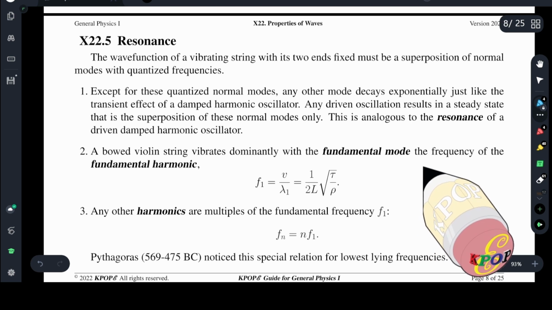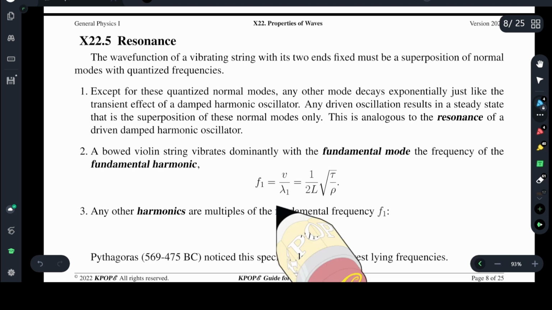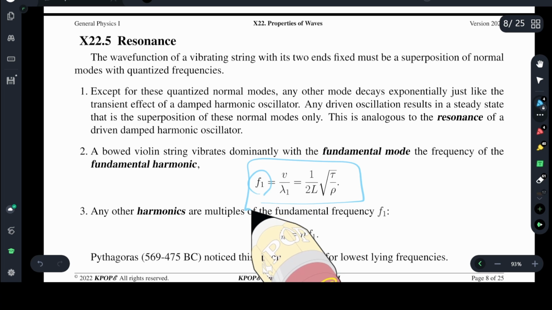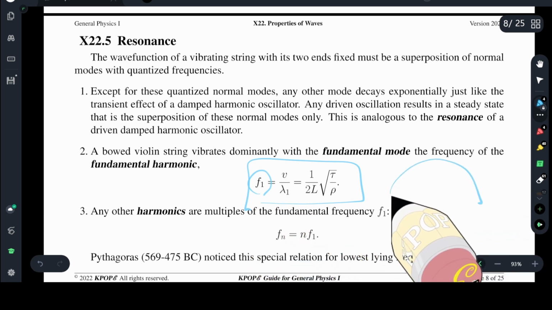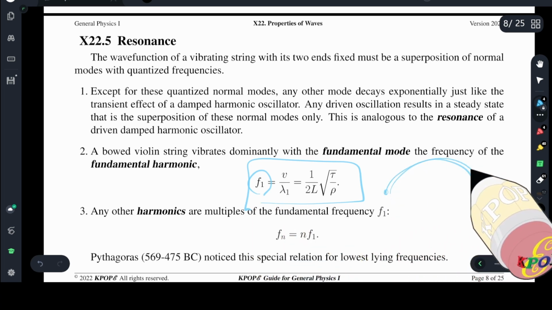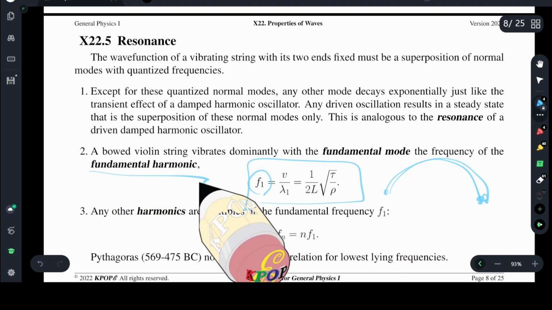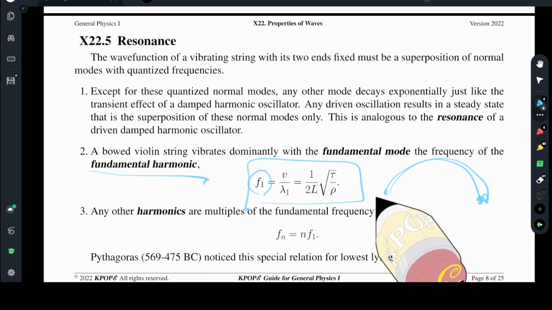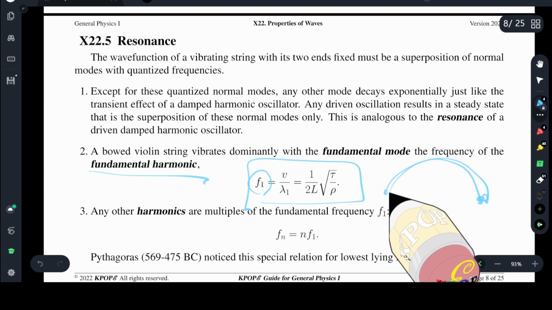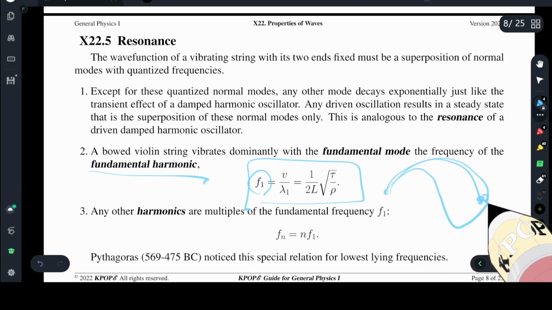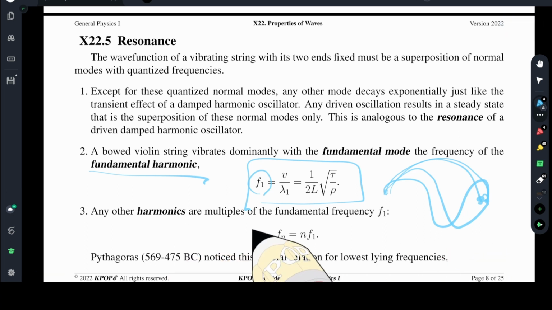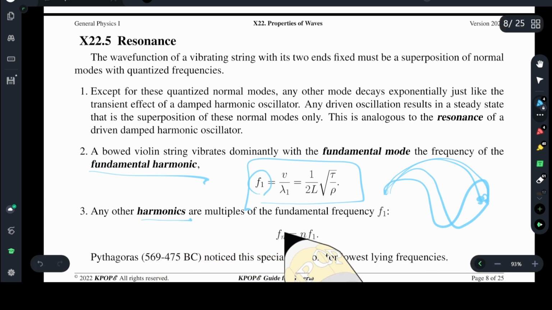For lower lying frequencies, they are multiples of the fundamental frequency, called the fundamental harmonic. Excited states are n equals 2, 3, and so on. These harmonics are multiples of the fundamental frequency.